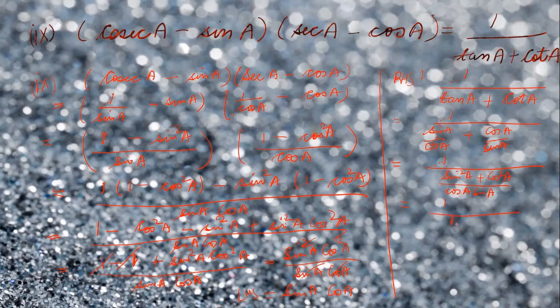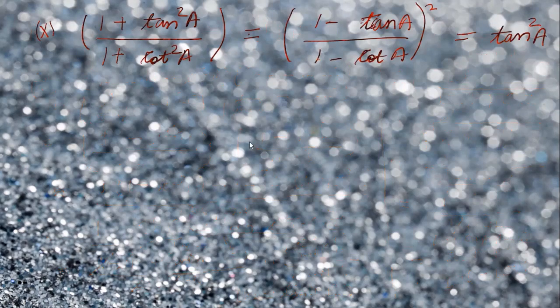So it will be 1 divided by cos A sin A, or 1 multiplied by this, it will be sin A cos A. So it is the same as right hand side. So left hand side equals right hand side. So in this way you can solve it.